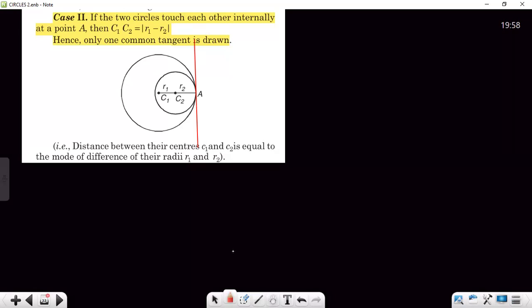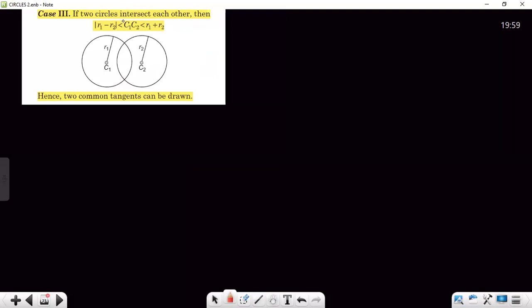These cases are important. If two circles intersect each other, see, here there are two circles of different radii and they're intersecting each other like this. This time there will be two common tangents. How?